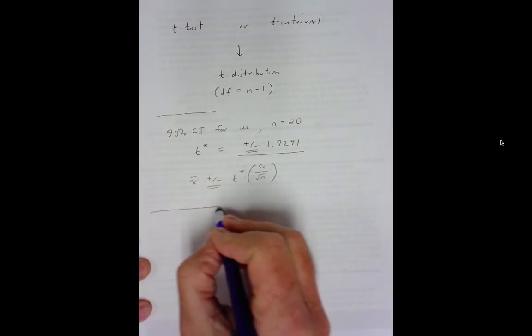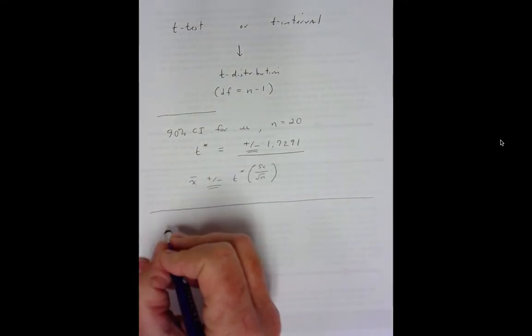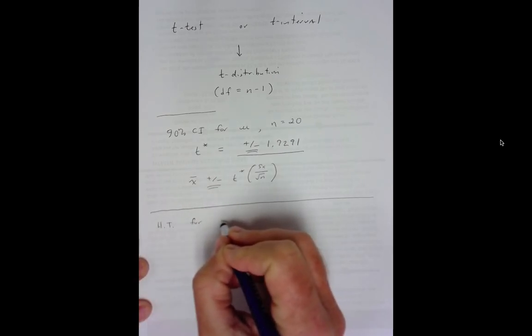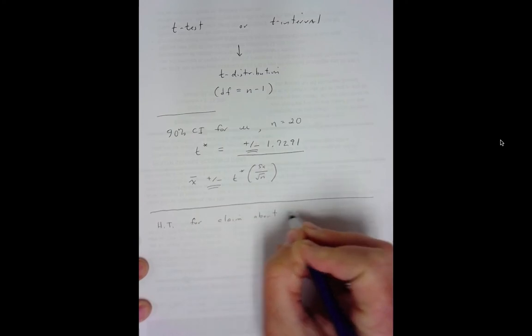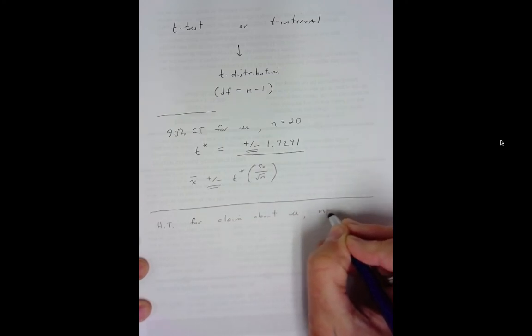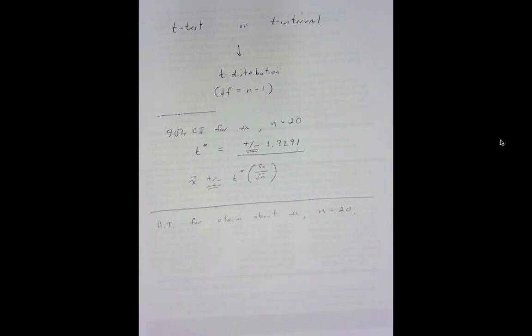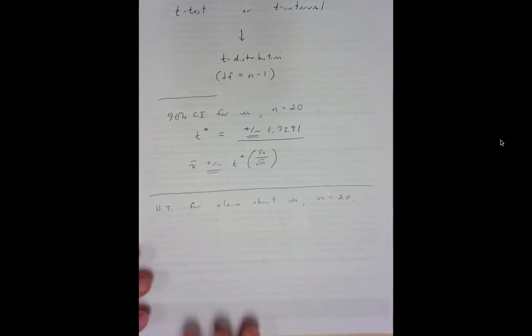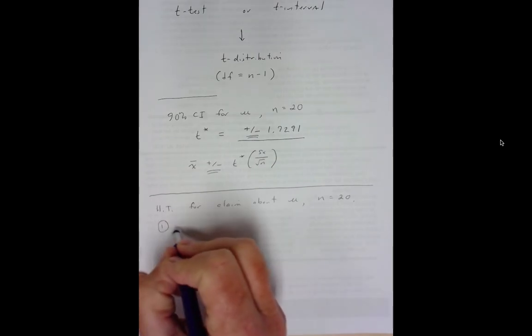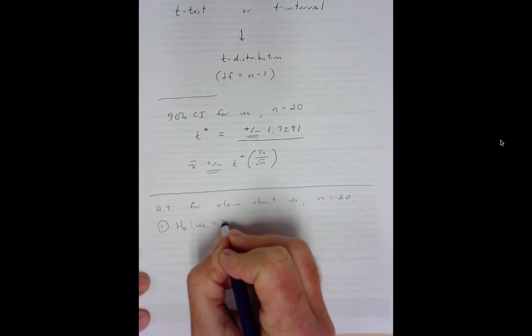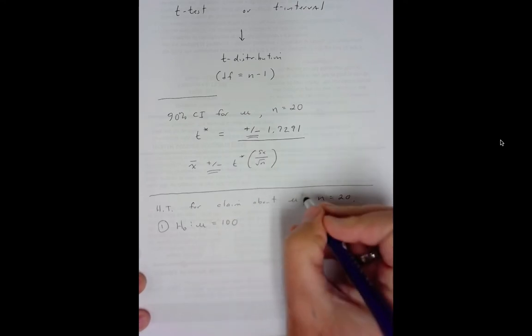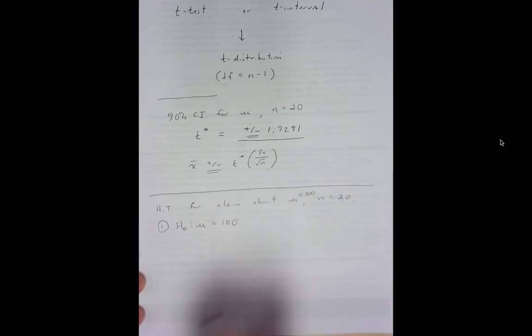Now, what if we were conducting a hypothesis test for a claim about mu? And again, sample size is equal to 20. Now, it depends, and let's just say there's a claim about mu being equal to 100.